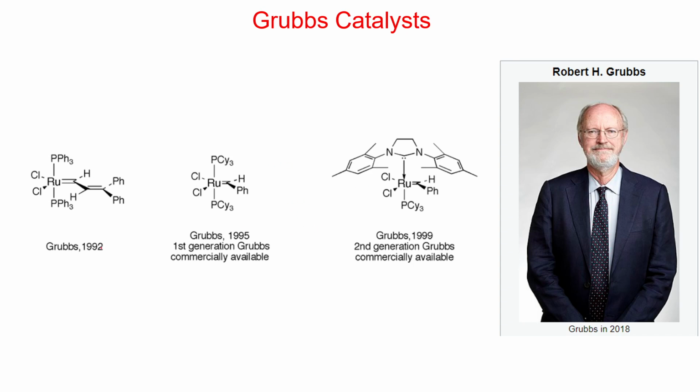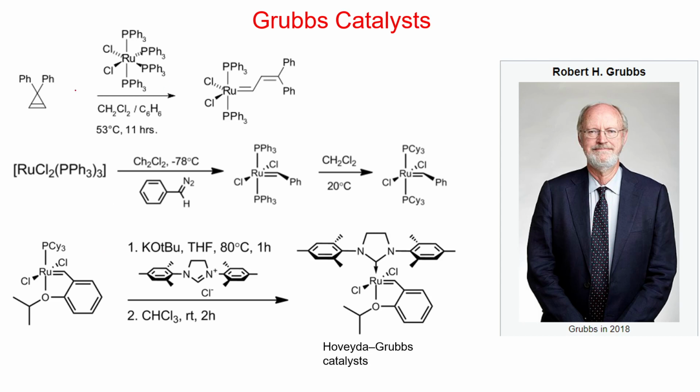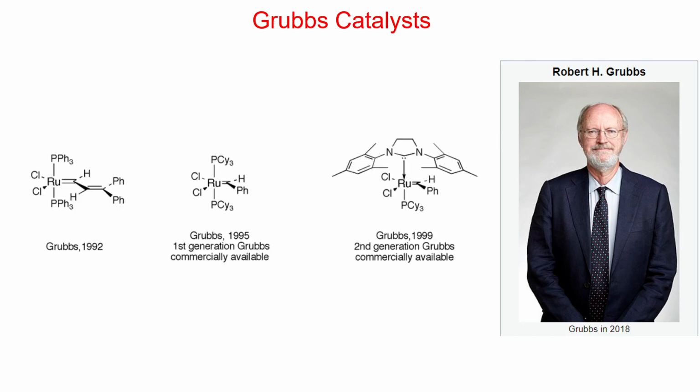Initially they prepared this with this kind of cyclopropene ring, and with the ruthenium based reagent, it reacts with this cyclopropene, and this opens up and ultimately leads to this point. So now if you see, this is nothing but the initial catalyst of Grubbs in 1992.